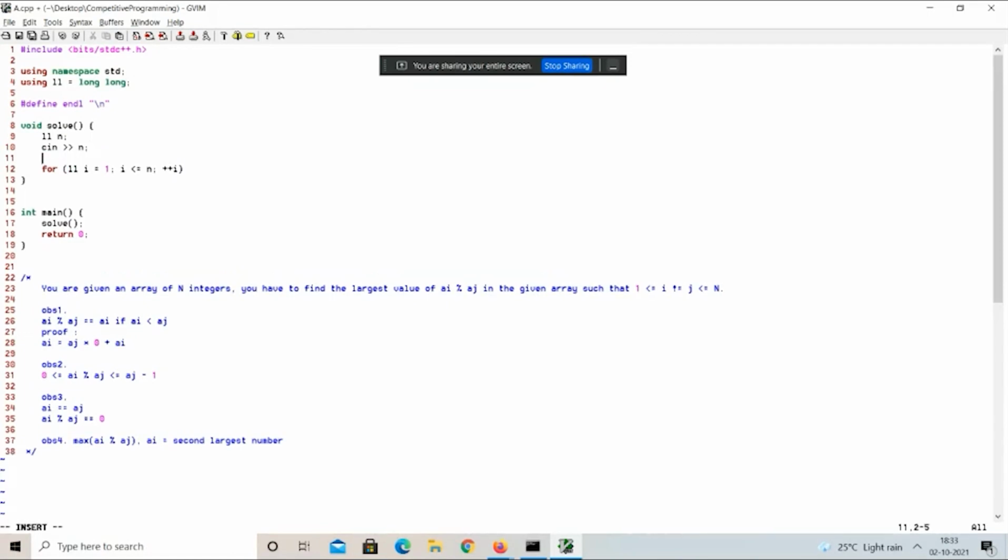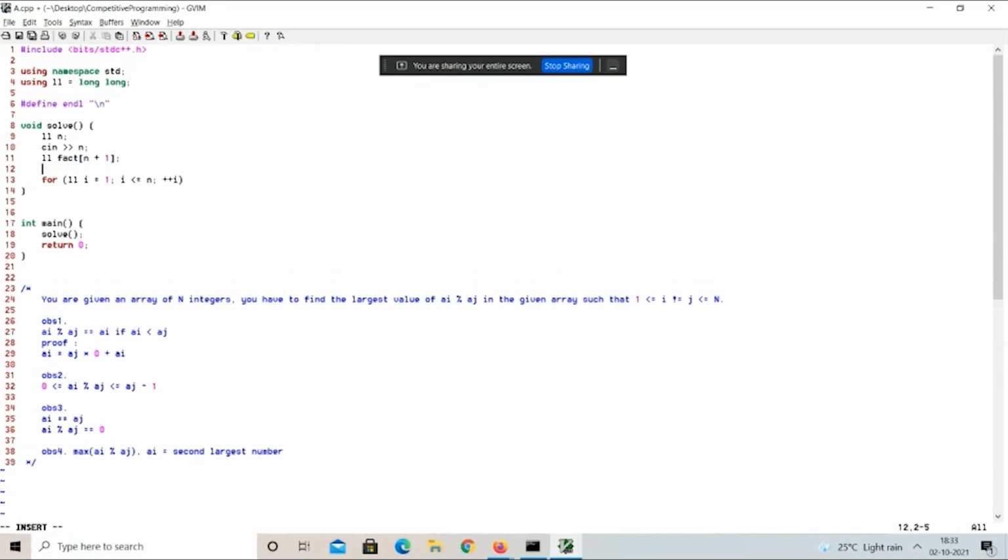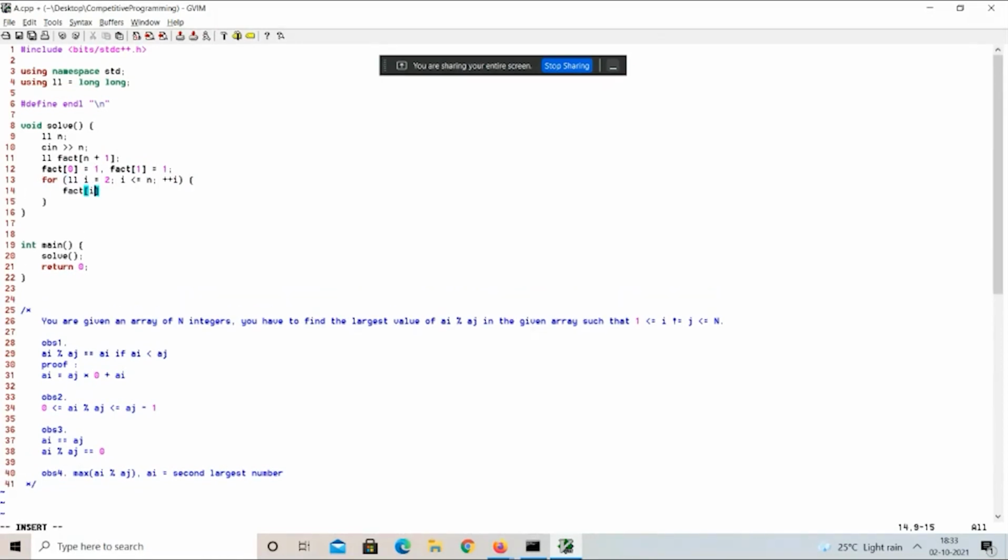So in that case, I'll initially compute i modulo m, then (i minus 1) modulo m.